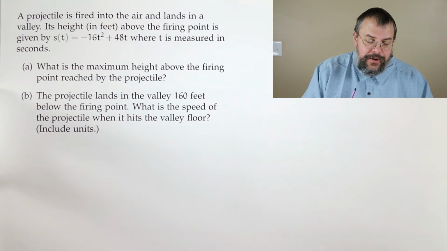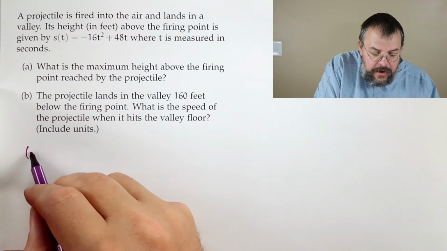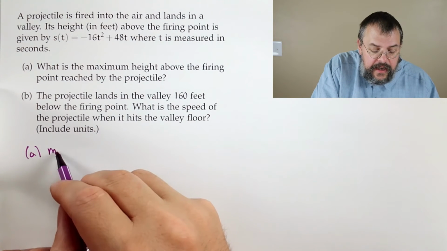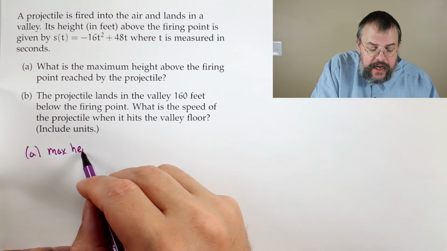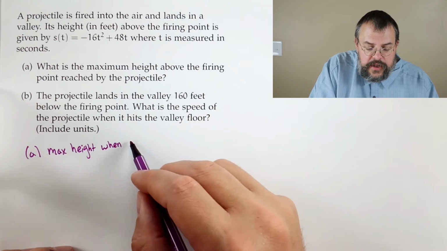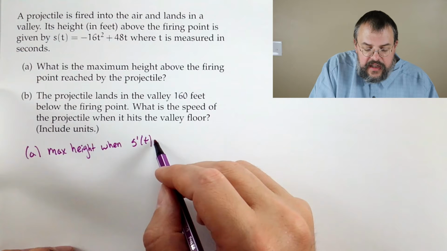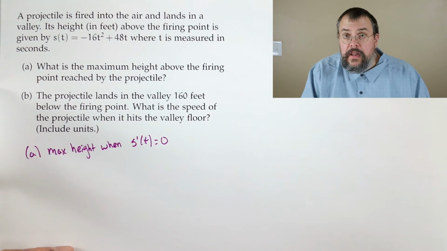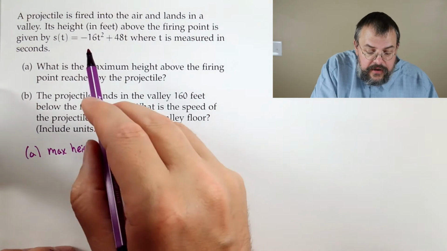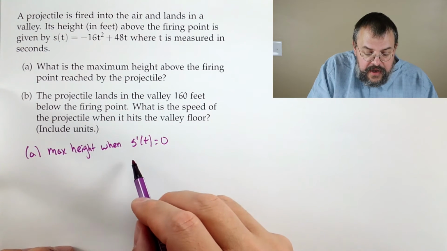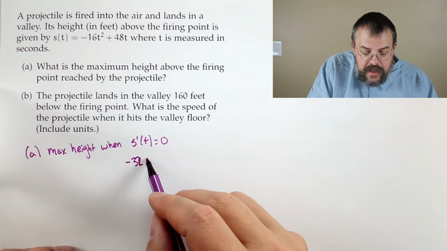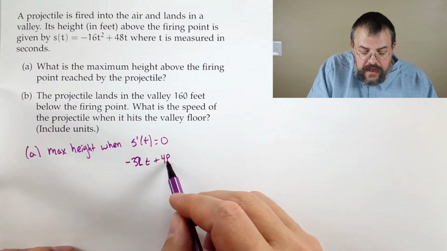So here we go. For part A, we have our great insight. Aha, our max height happens at the time when our velocity, which is our s prime of t, equals 0. So let's see if we can figure out when that would be. We take our derivative. s prime of t is minus 32t plus 48.